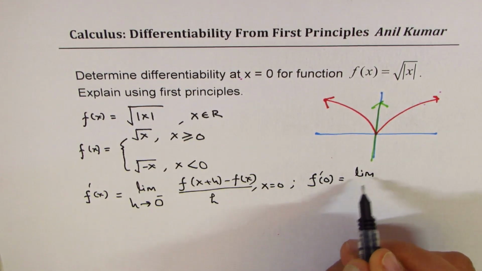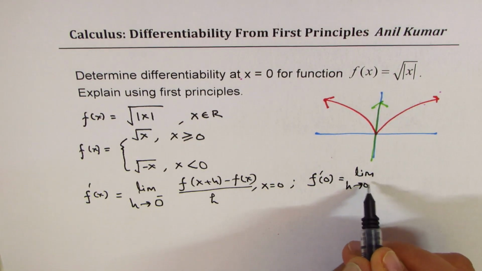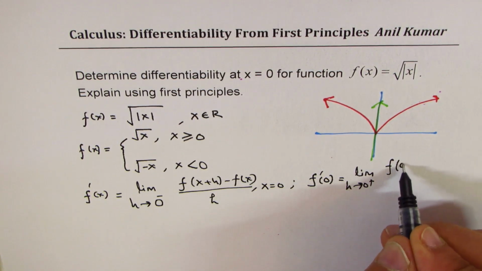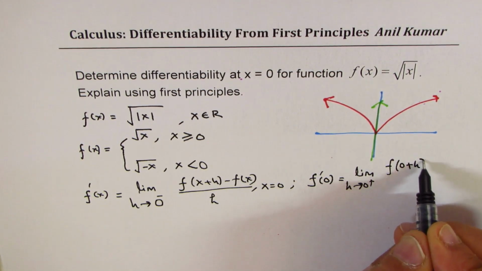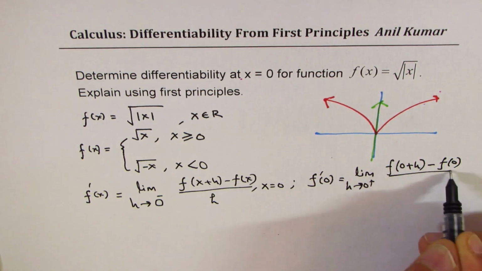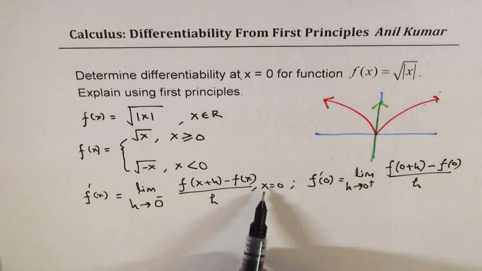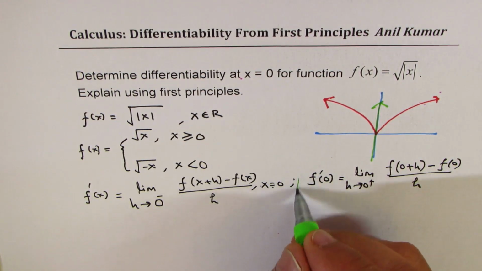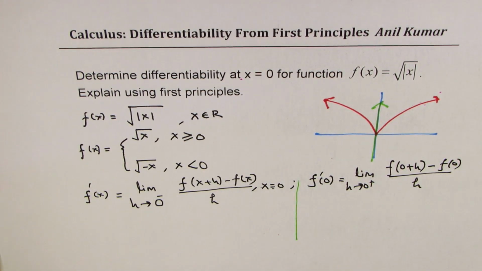This time we'll work on the limit h approaches 0 from the right side, and the function will be f of 0 plus h minus f of 0 over h, right? So we have included x equals 0 in our later expression, and you could actually write like this here also. Perfect.